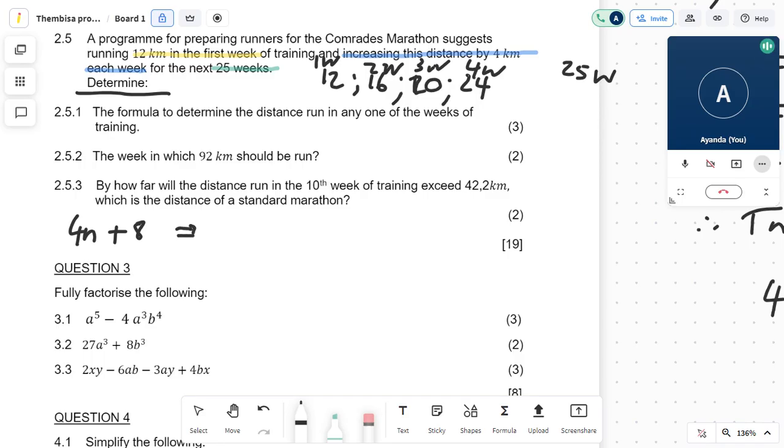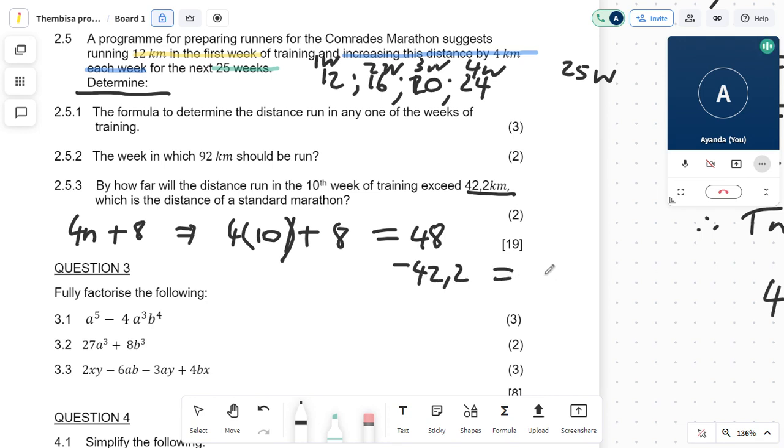So we take 4 times 10 plus 8 and find out how many more kilometers will be run in the 10th week that exceed 42.2. 4 times 10 gives us 40, plus 8 gives us 48. So now it's just a matter of subtracting 42.2, which leaves us with 5.8 kilometers. So the distance run in the 10th week will exceed 42.2 kilometers by 5.8 kilometers.